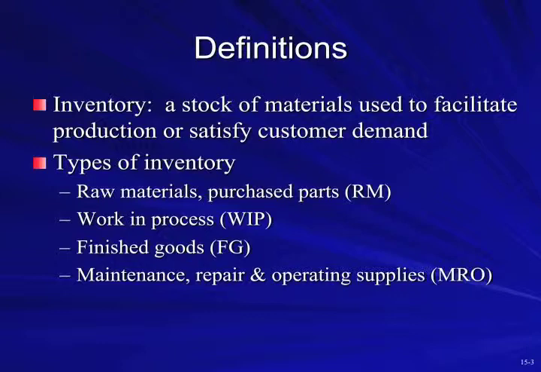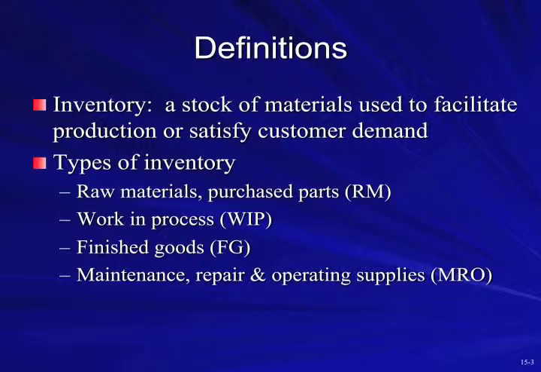Second category is work in process, which really refers to when you pull those materials out of the bin or stock and put them on the shop floor so you can start working on them and assembling them. You're adding value when you do that. And the third type of inventory is when you finish all the work on the shop floor and, before you're ready to ship it to the customer, you move it into an area called finished goods.